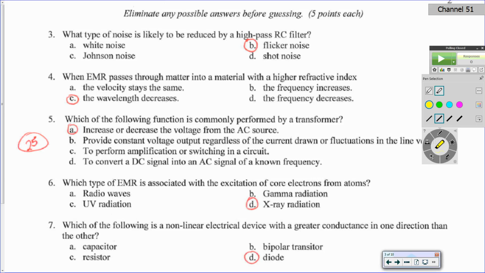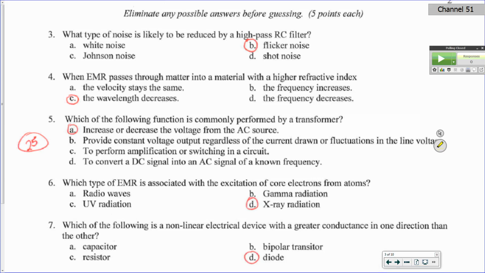So we're going to transmit high-frequency signals, and we're going to reduce or eliminate, block, if you want to think of it, low-frequency noise, and that's associated with flicker noise.